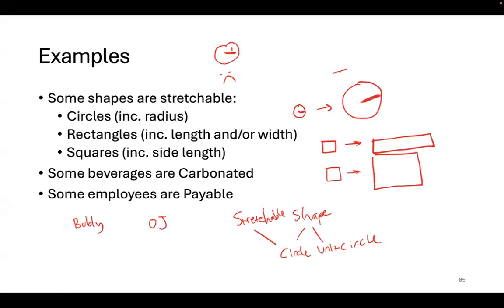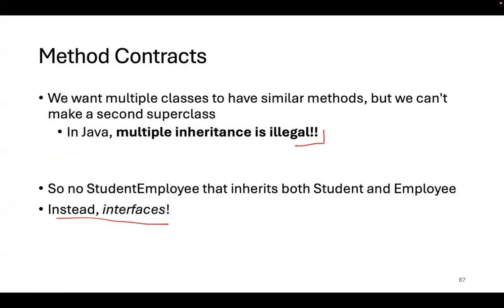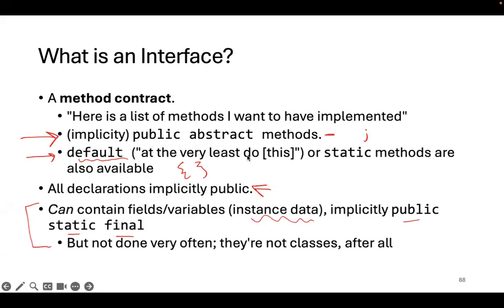So that's that. We talked about interfaces, which solve the multiple inheritance problem. If we want to say a circle has attributes from two places, both shape attributes and stretchable attributes, we can do that with interfaces. We do that because an interface is a method contract, and it's usually very simple.